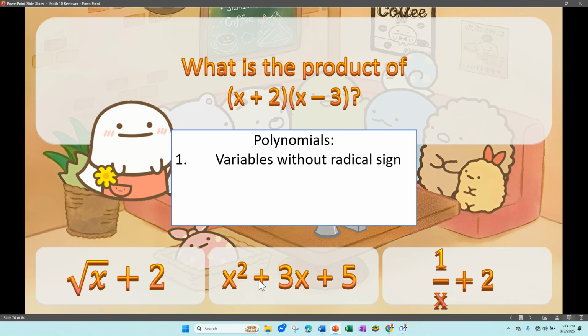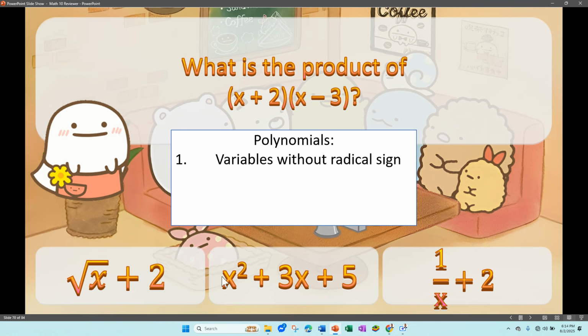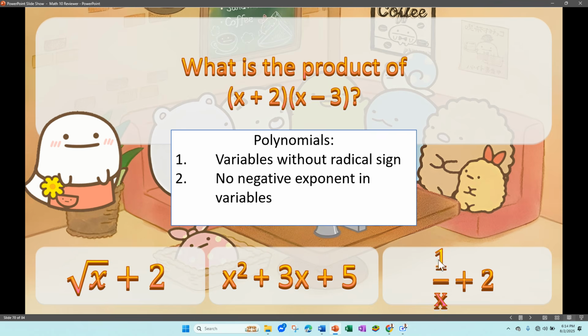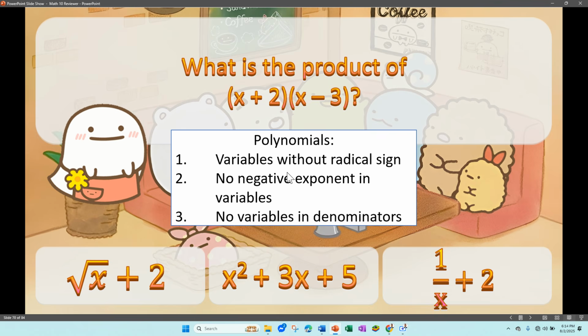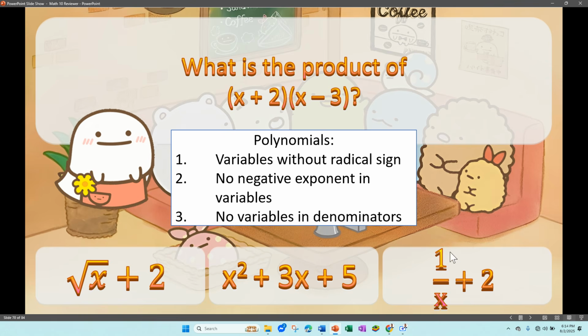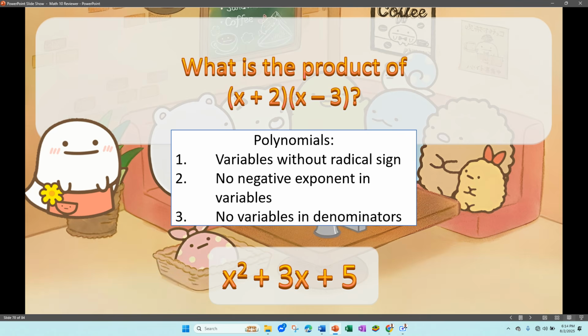Alin dito yung may radical sign yung variables? Itong first option. So, this is incorrect. No negative exponent in variables. Okay, so safe naman to. And last, no variables in denominators. So, this is not a polynomial. So, the correct answer is x squared plus 3x plus 5.